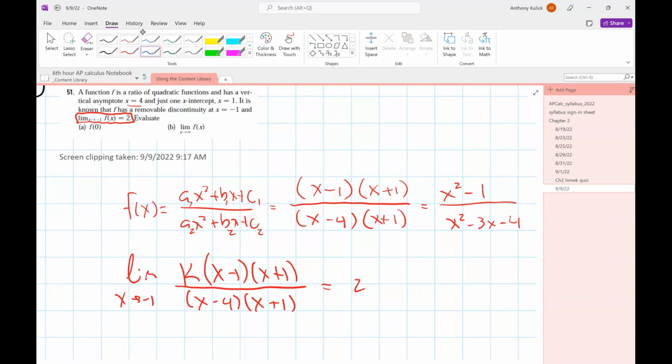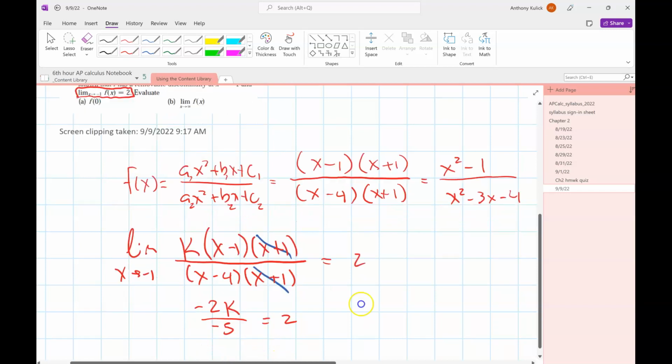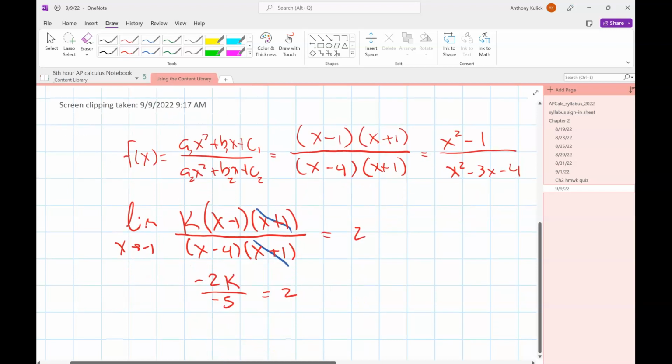I can't do direct substitution as it's currently written, correct? But if I reduce, can I do direct substitution now? Yes. Okay, so let's do that. That gives me -2k over -5 should equal 2. So the k here should be 5.